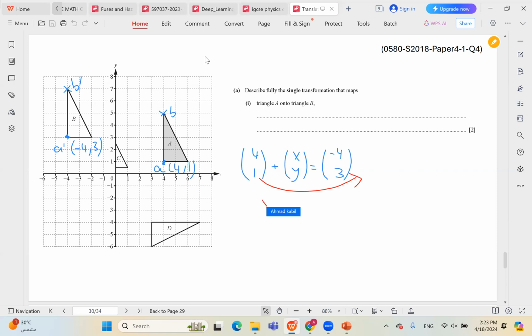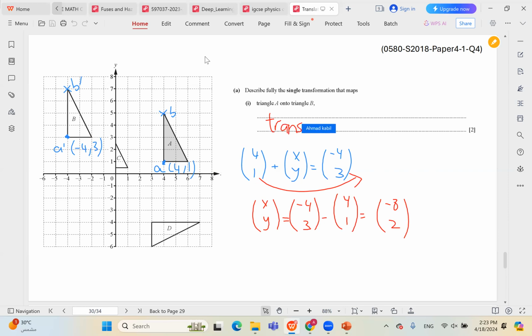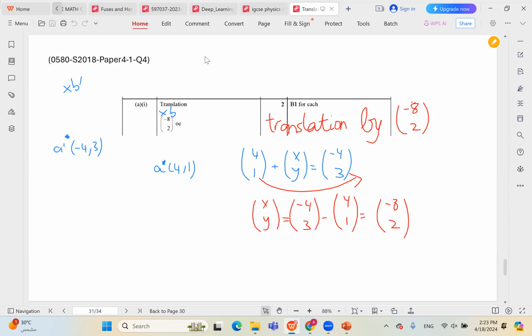So we get xy equals -4 and 3 minus 4 and 1. And this gives us -8 and 2. So therefore, this is a translation by -8 and 2. This is the correct answer.